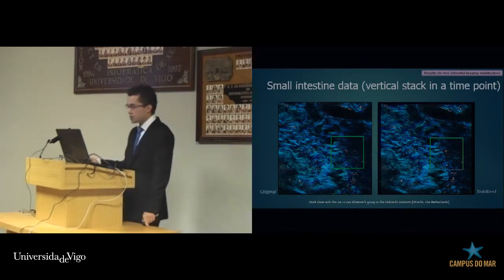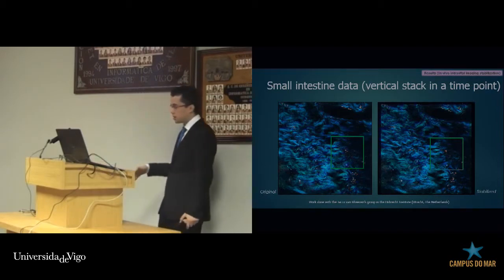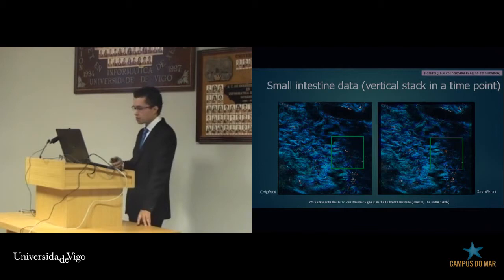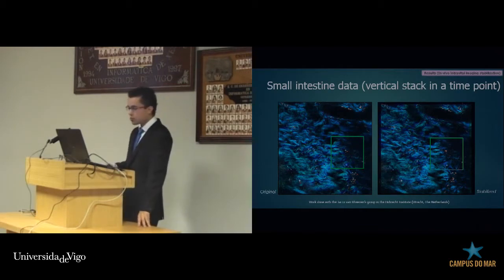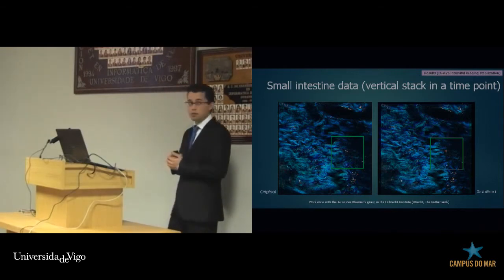In the last video that I wanted to show, I think it's really interesting. It's related to the work that we did in Utrecht in the Netherlands with the Jacob van Rheenen group, and it's data from the small intestine.